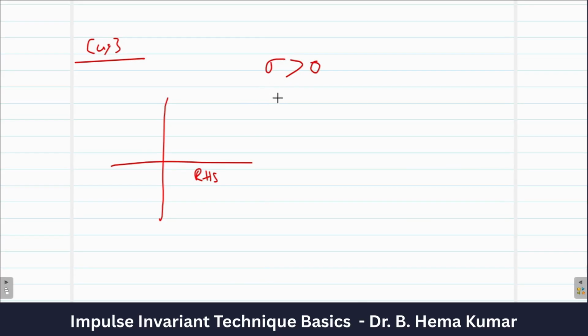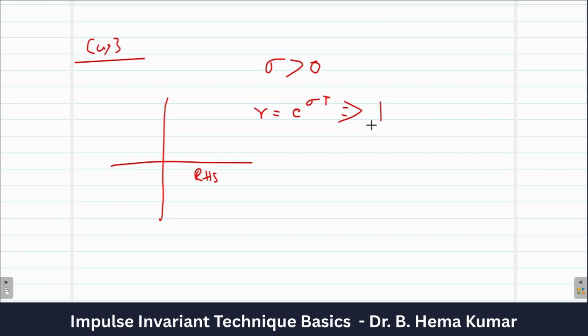Coming to the third condition, case 3. Whenever poles lie in the right hand side of the S plane, naturally alpha is greater than 0. Whenever alpha is greater than 0, r is equal to e power alpha t, which is going to be greater than 1.